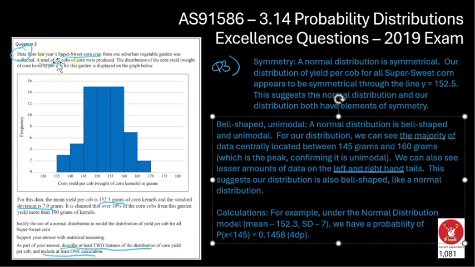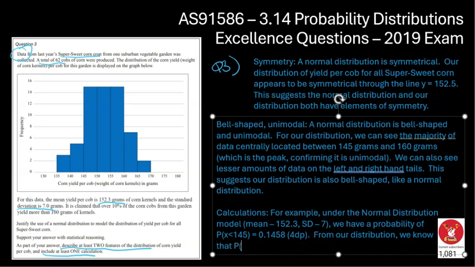So from our distribution, we know that the probability P(x less than 145) is going to be equal to 8 over 62. And when you calculate that as a decimal, we're going to get 0.1290, also with 4 dp rounding.